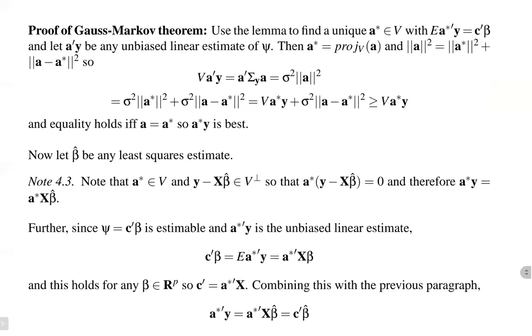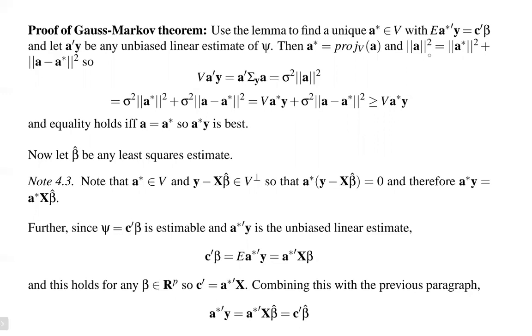And let's start glancing through this. First of all, we use the lemma and take any other unbiased linear estimator. Then we know that A star is the projection of the vector A onto V. And since it's a projection, A is equal to A star plus the difference, and the difference is in V perp.